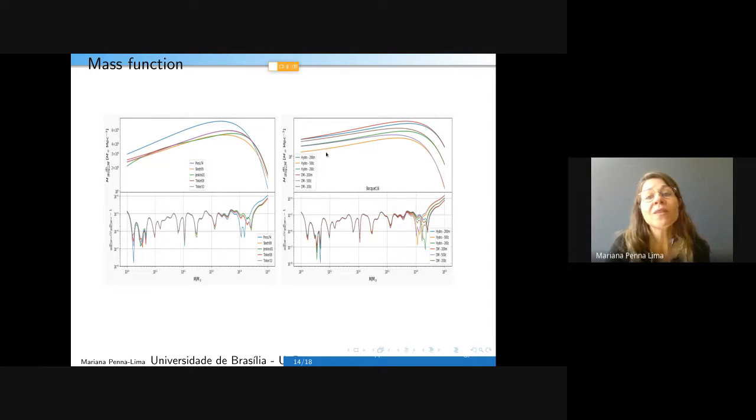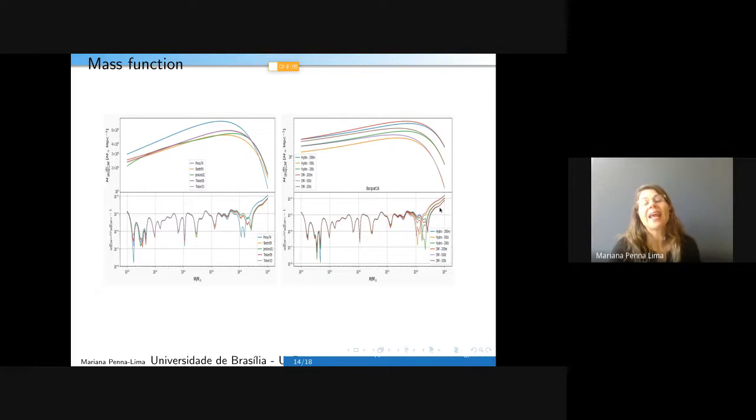And as I mentioned before, you can also use different mass definitions. So here we show the results considering the mass based on the mean density and the critical density, given an overdensity of 200 or 500. And the difference here is up to 10 to the minus 4; the worst result is about 10 to the minus 4 comparing these two libraries.